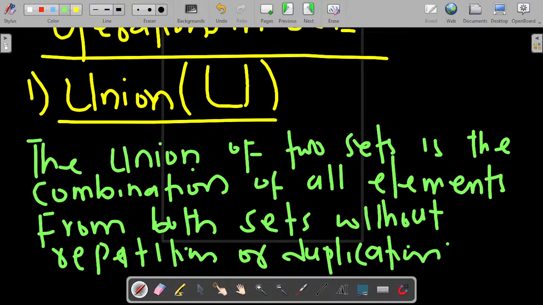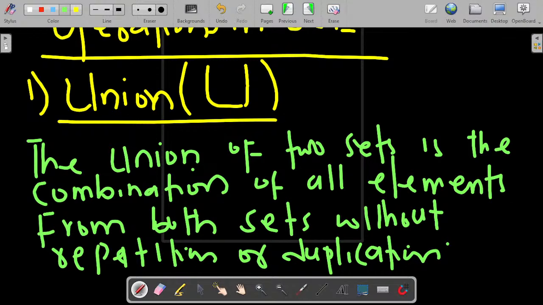That's what I mean by union. All elements from both sets, without repetition or duplication.